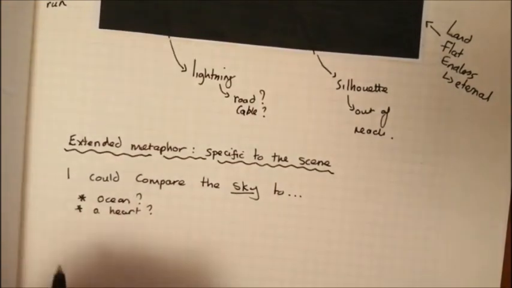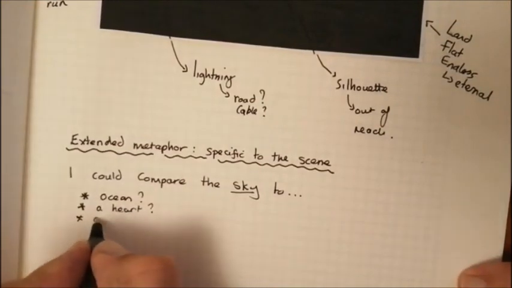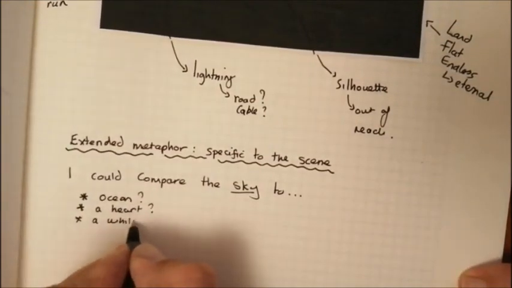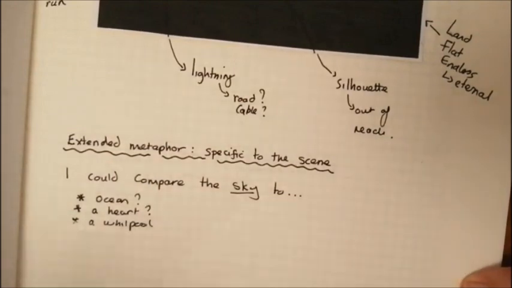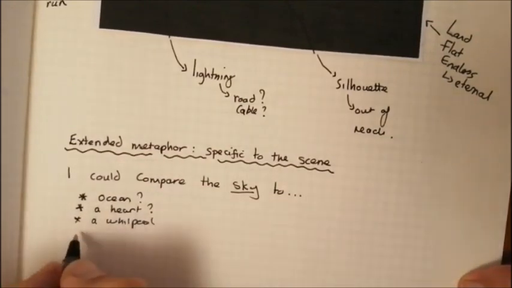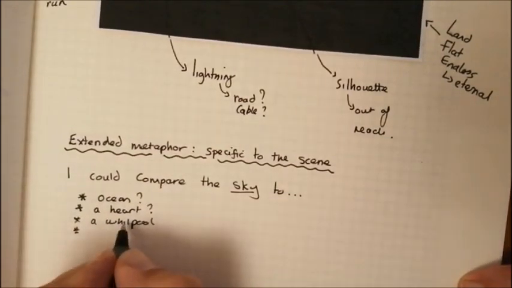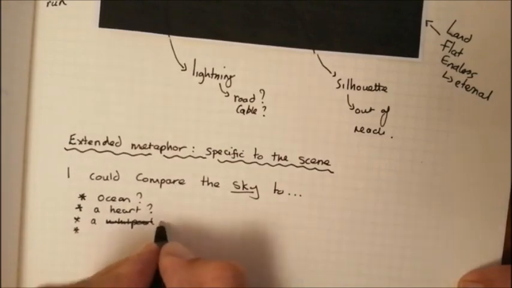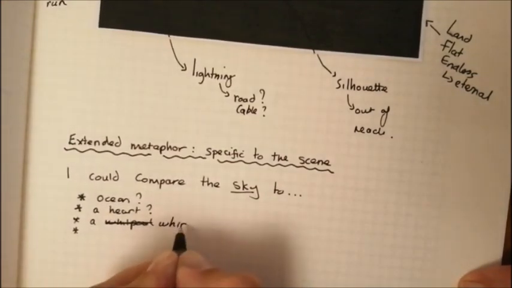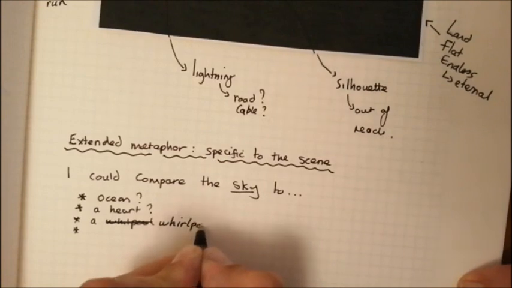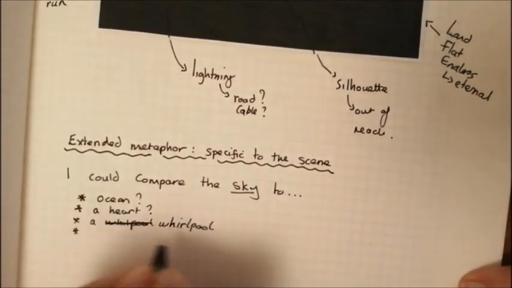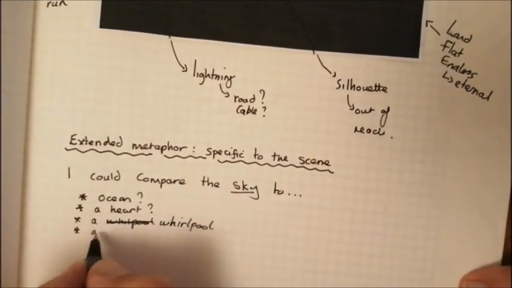I could compare it to a whirlpool. I get this sense of movement with the clouds. Or even taking that idea bigger, I mean, I could spell whirlpool correctly for a start. That would be useful. It's got an R in it. If like a whirlpool in space, I could do a black hole.